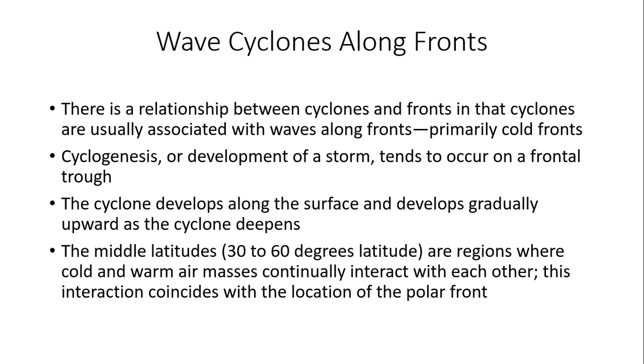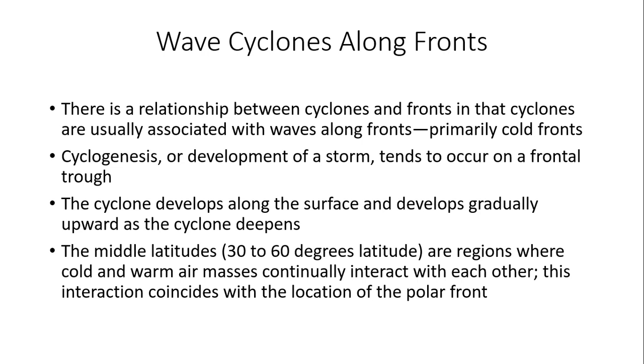Now, the cyclone is going to develop along this frontal surface, and it's developing gradually upward as the cyclone deepens. So it grows with height as this wave cyclone or storm system develops along the front. The circulation tends to increase in the vertical with height over time as that cyclone gets much stronger.